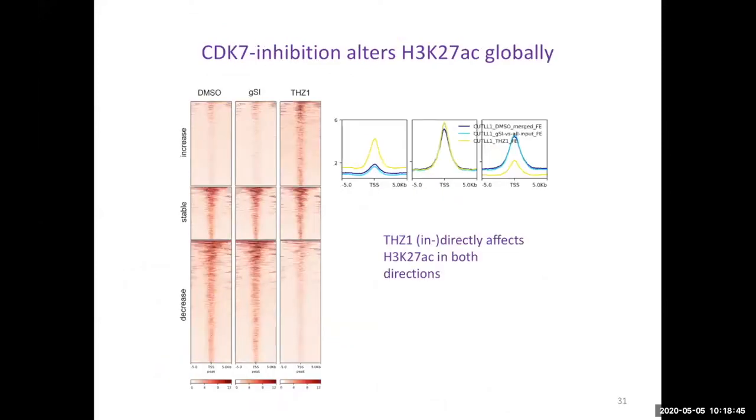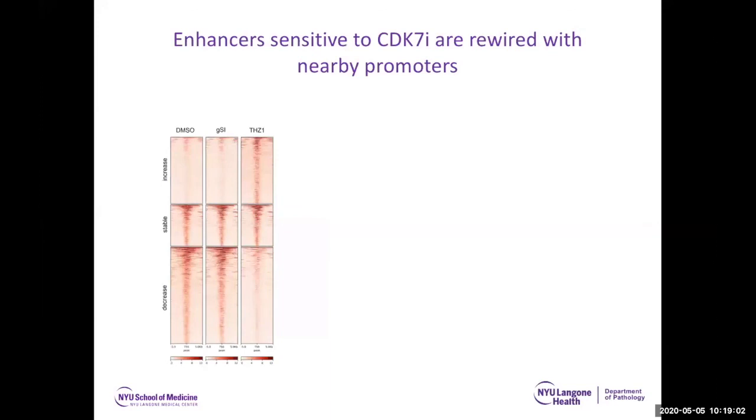Basically what we've seen is that, of course, CDK7 inhibition affects H3K27 acetylation globally. In most cases, we do see loss of K27 acetylation. We do have gain in some areas. We see that enhancers that are sensitive to this inhibition are rewired in their binding and looping with nearby promoters.